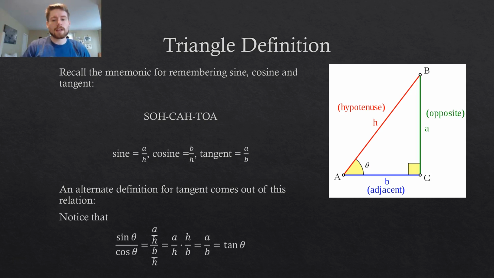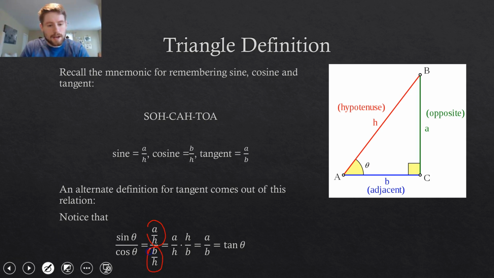So I want you to notice that if we were to divide sine and cosine, so if we did sine of theta divided by cosine of theta, what we end up getting is opposite over hypotenuse, so that's A over H right here. So this is the sine, A over H, and cosine is B over H. And when we do our division of these two fractions, we take the reciprocal of the one we're dividing, and multiply.